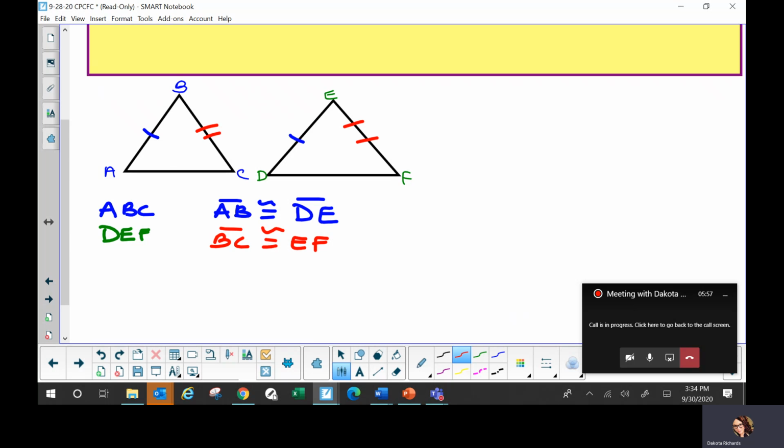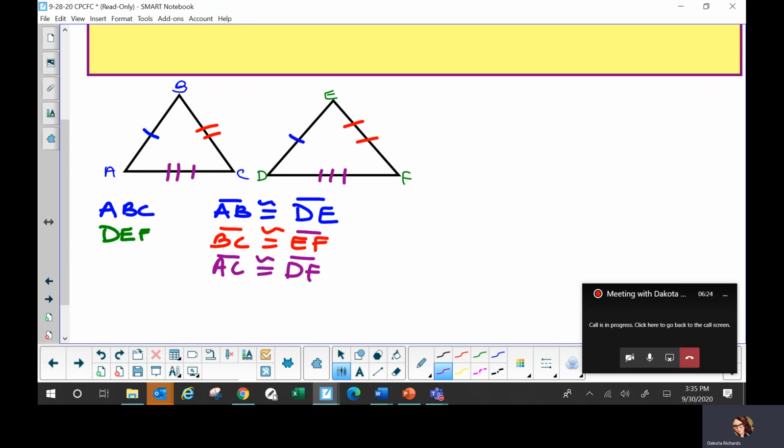And then lastly, we have AC is congruent to DF. If you want to say CA and FD, you can. Okay, forgot to do that. Now, those take care of the sides.